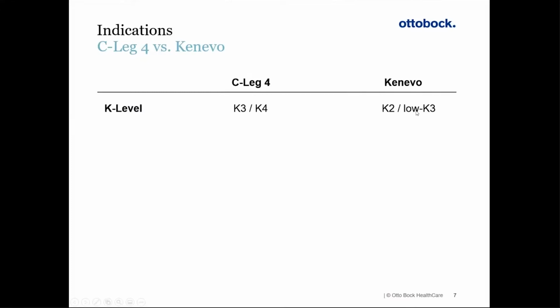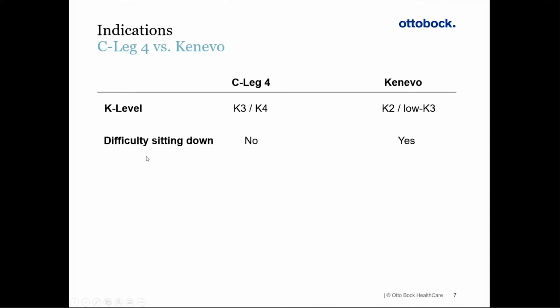Of course, these sub-classifications of low, mid, high K2 or K3 are not official, and they're also highly subjective. But I think it is useful to say that the Kenevo is not the knee for the typical mid or high K3 patient, because the Kenevo can't keep up with the functional needs of these patients.